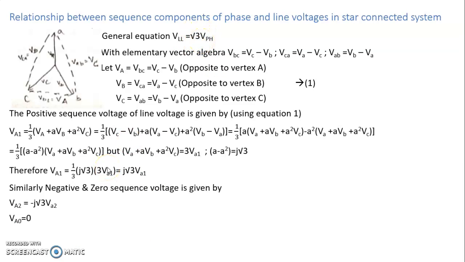Here it is a little bit changed, that is, along with that I am having an extra angle of 90 degrees. Similarly, if you solve it for the negative and zero sequence, this we have done only for positive. For negative sequence, we get VA2 equal to minus j root 3 times VA2, and for zero sequence it will be 0. So this is the relationship between sequence components of phase and line voltages.